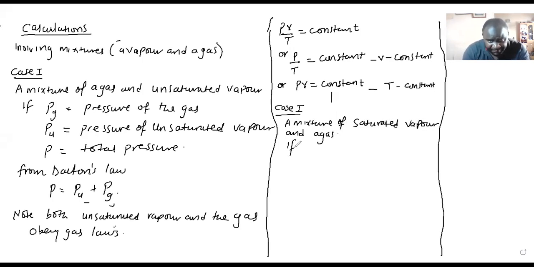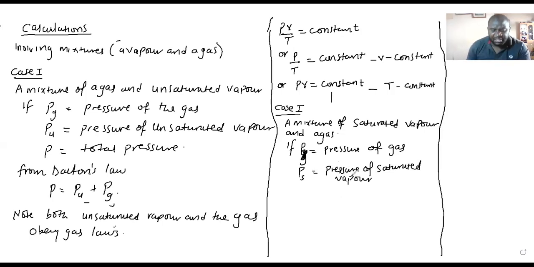If Pg is the pressure of the gas, then Ps is the pressure of saturated vapor.